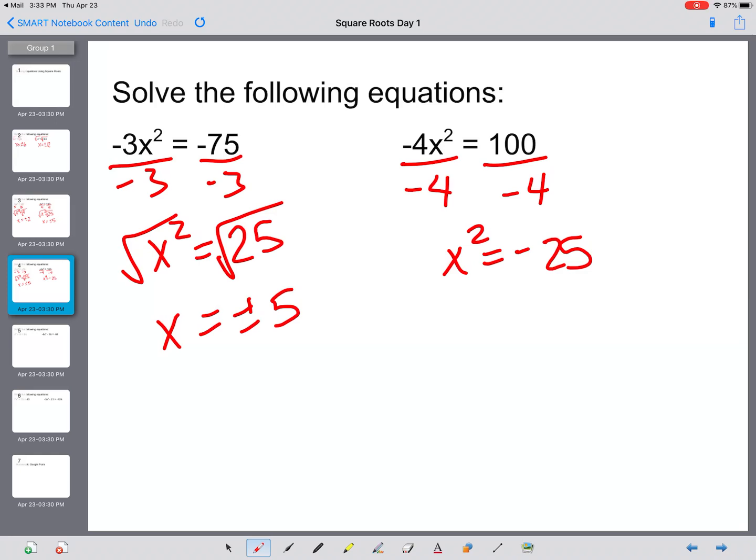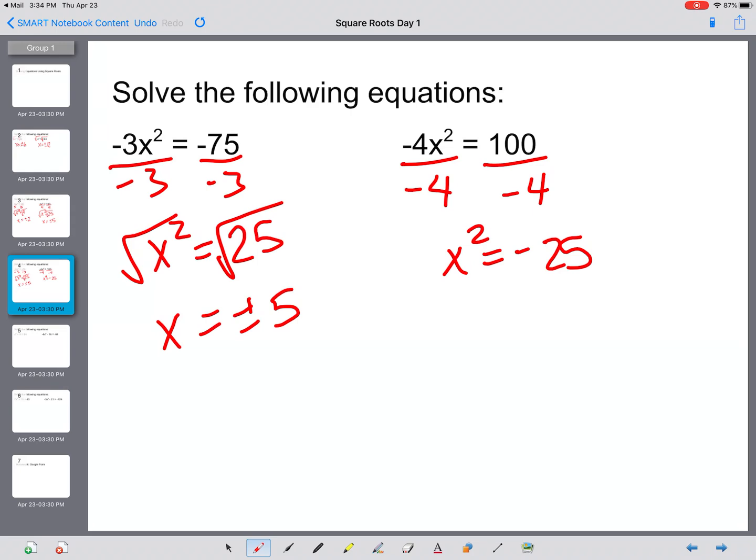I see an issue. We know the square root of 25 is 5. We see this on this one over to the left. But negative 25, so I have to think, what number times itself gives me a negative 25? Well, positive 5 times positive 5 is 25. Negative 5 times negative 5 is positive 25.